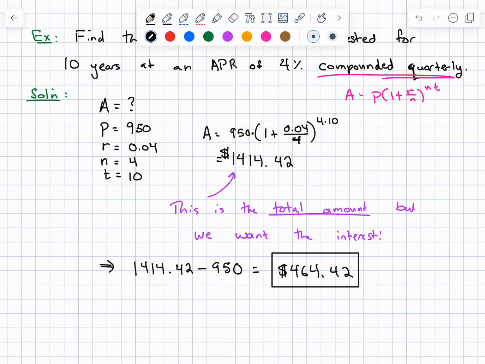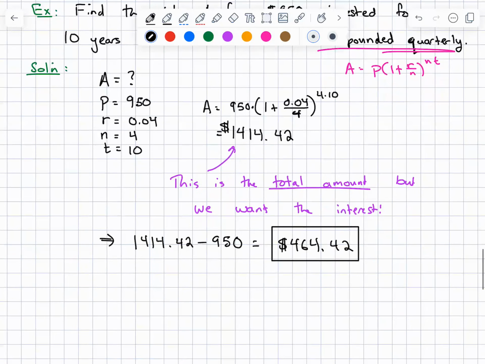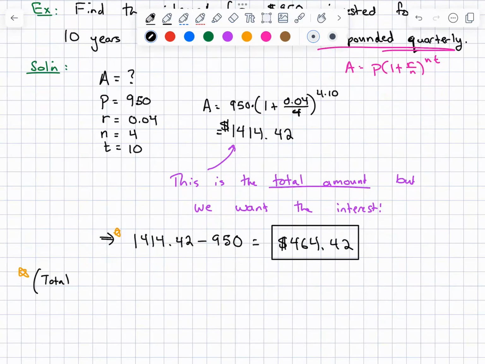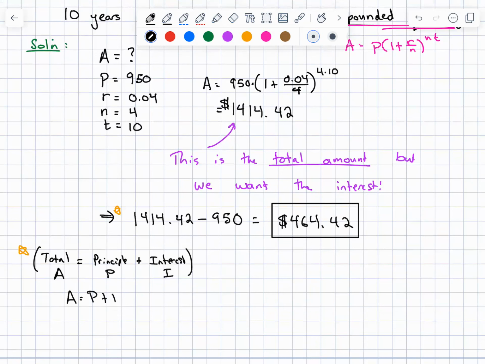The interest, the simple interest formula, the very first formula we said. So, in essence, what I'm doing here, thank you for asking that, Komori, is that the total, usually denoted A, equals principal P plus interest I. A equals P plus I. You can solve for any of them as long as you have the other two.